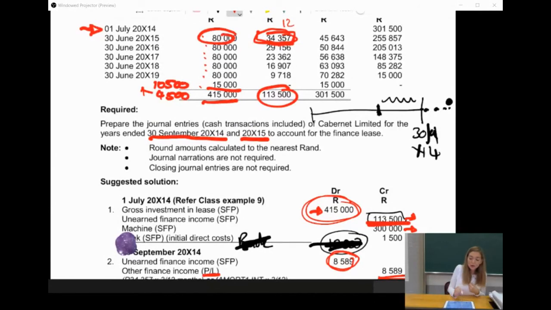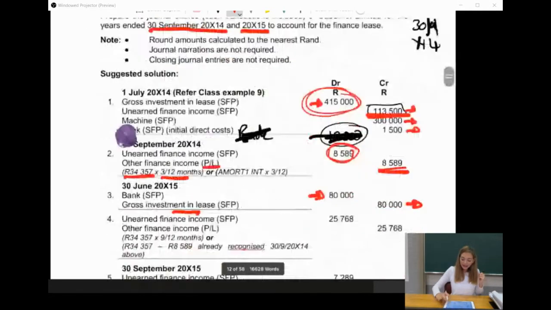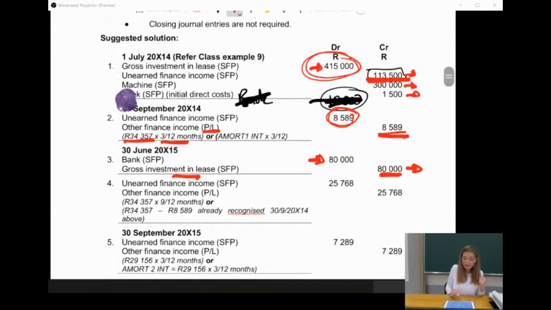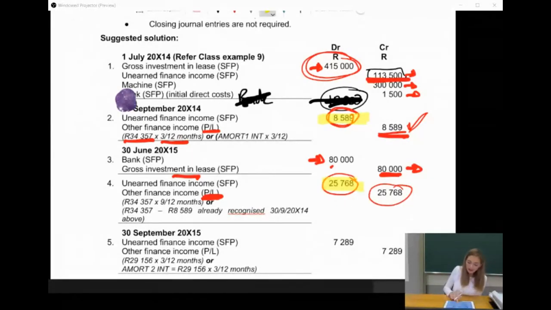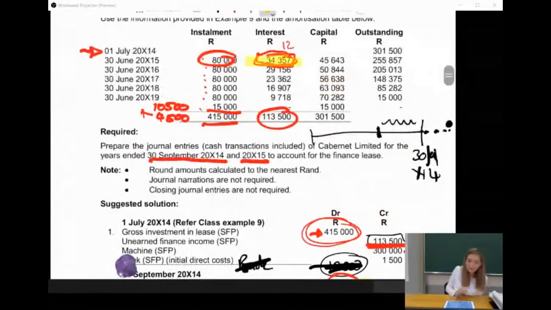So now we say, okay, this first one we have now received, so we clear that out by crediting the gross investment in the lease and debiting bank. And then for that payment, remember, we've already accrued for some of that interest, so the remaining interest we also now have to release so that it can go and play in the P&L. So this 25768 over here and the 8589 over here together make up the 34357. So it's just split between two periods.